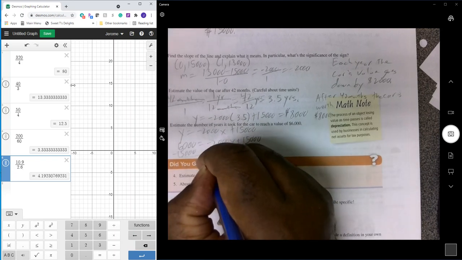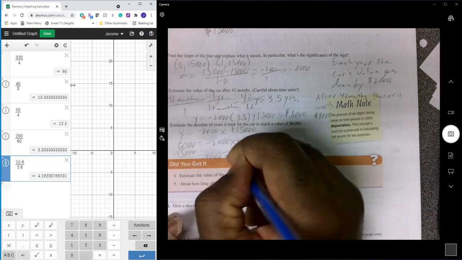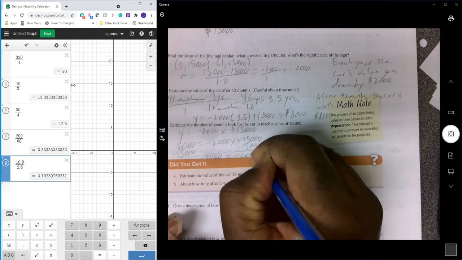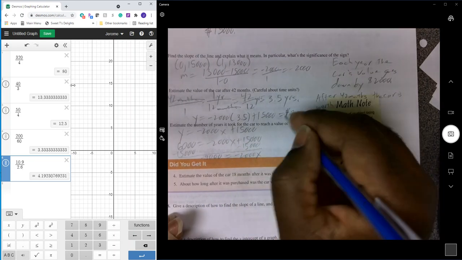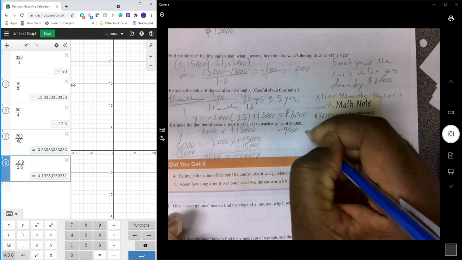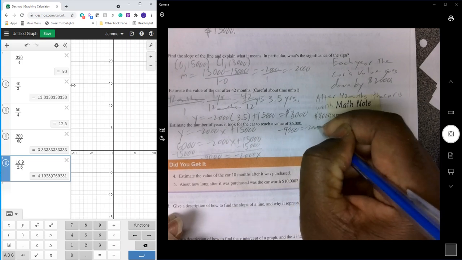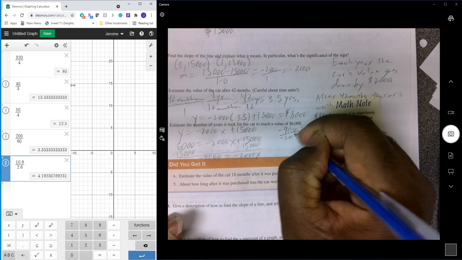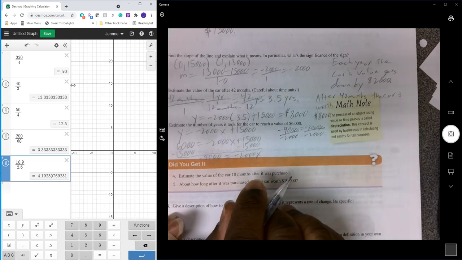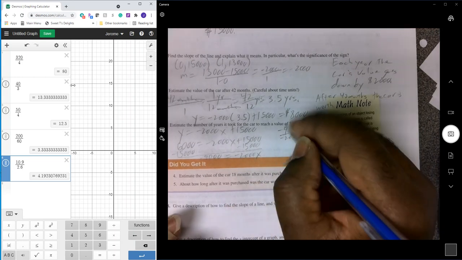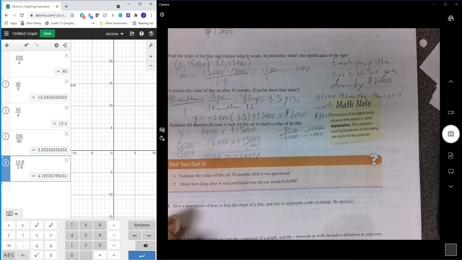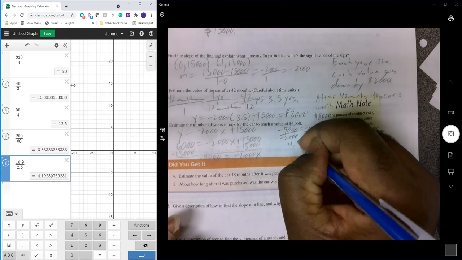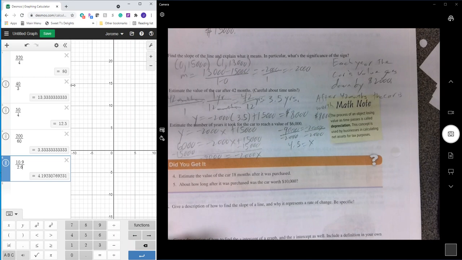On this side, that will give us negative 9,000 is equal to negative 2,000x. Divide each side by negative 2,000. A negative divided by a negative is positive. This will give us 4.5 is equal to x.